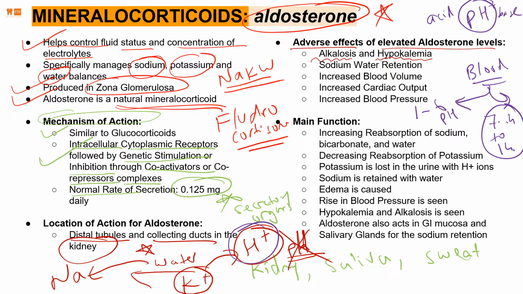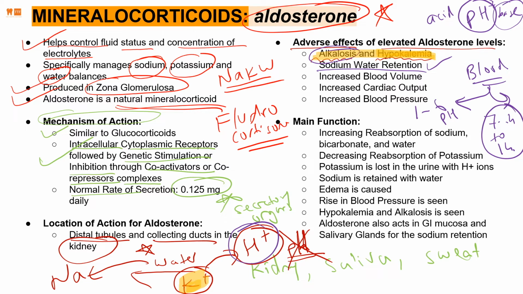In this case, hydrogen is leaving the body. Therefore, less hydrogen is basic. Basic is alkaline, so alkalosis. And of course, when we lose potassium, which is K, you get hypokalemia. You make hypokalemia as a condition. Therefore, adverse effects of aldosterone are alkalosis and hypokalemia.